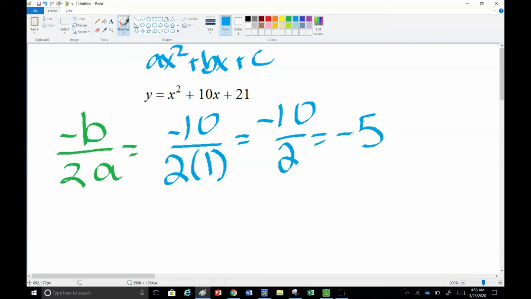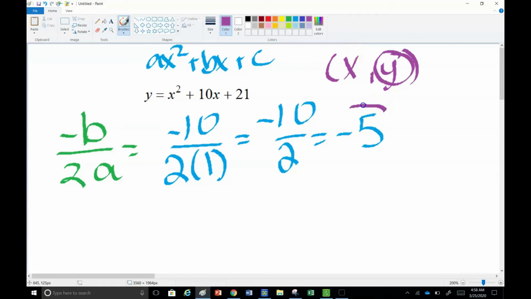That is the first step in finding the vertex, because a vertex is an x and a y. There's a point on this graph that is going to be the lowest or the highest point of my parabola. I know the x value of its vertex is negative 5. Now to find the y value, I'm just going to plug this number in.